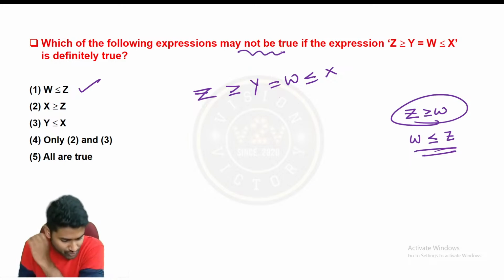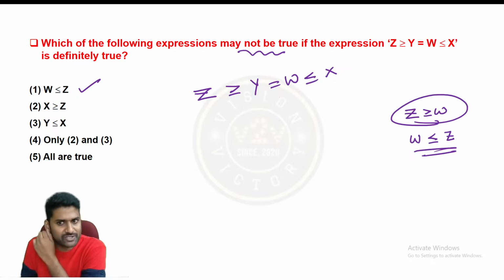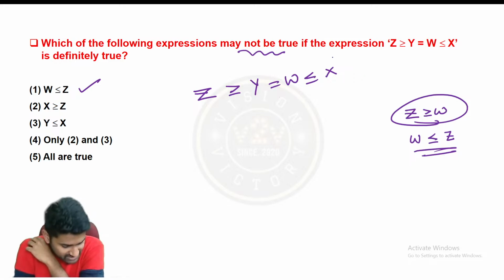We need to identify the true one. Which of the following expressions may not be true if the expression is definitely true? If the expression is definitely true, then you will get the relation W is less than or equal to Z.